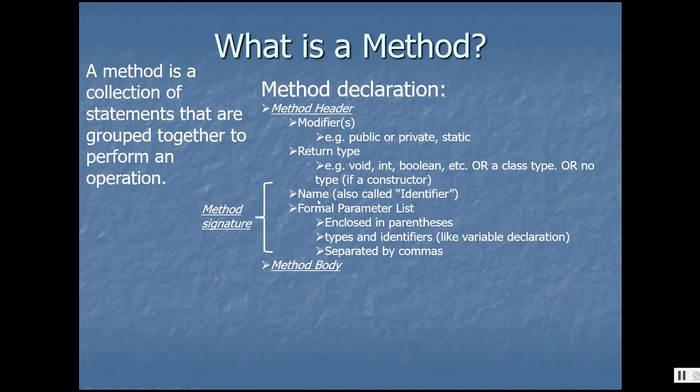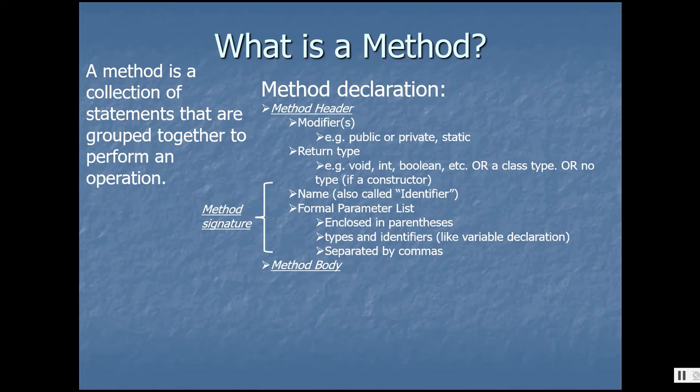And when we're specifying the name and when we're specifying our formal parameter lists, which are types and identifiers as if these were variable declarations, all of that makes up what's called the method header. And when you look at the documentation, the Java class documentation, the API documentation that I've shown you before, you will often see the header being shown to you in the API.